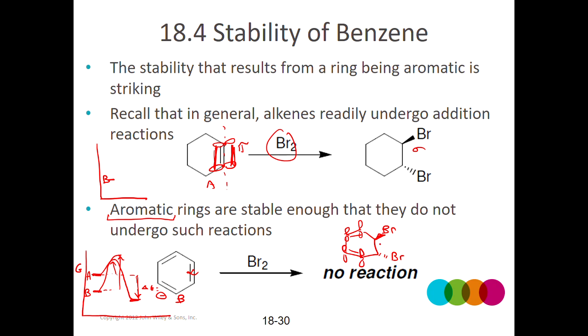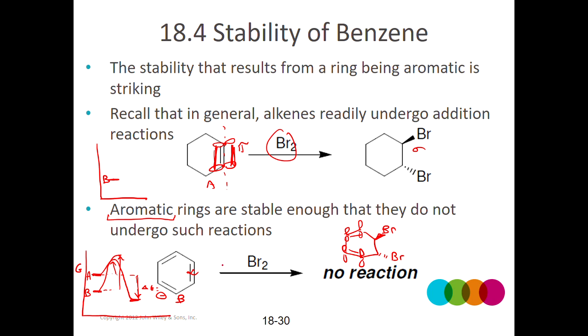I can't make the specially stable molecular orbital that results from full constructive interference all the way around the ring. So when I have the aromatic ring and I make a molecular orbital resulting from full constructive interference all the way around the top and all the way around the bottom, that actually makes it more stable.